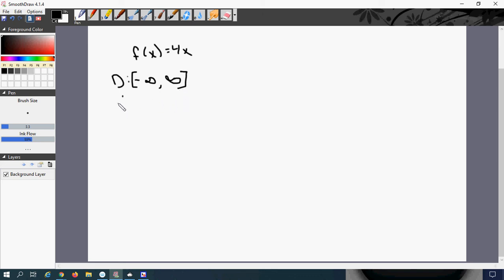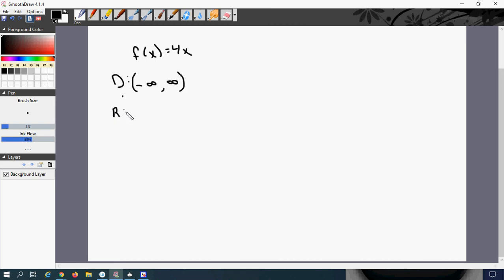Okay, and then the range would have been the same thing. So bracket, oh, totally wrong. Sorry about that. It is parentheses. So let's go back. It is parentheses because infinity is not a number, right? So parentheses, negative infinity, comma, infinity, parentheses.